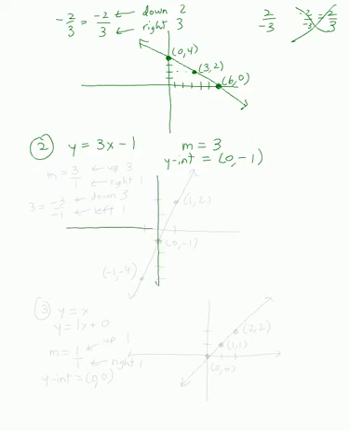So start by drawing your y-intercept. 0, negative 1 would be right here. Now, if the slope is 3, that's the same as 3 over 1. You always want to have a number on the bottom as well. So this means you're going to go up 3, and to the right 1. So we go up 1, 2, 3, to the right 1, so we're right here.